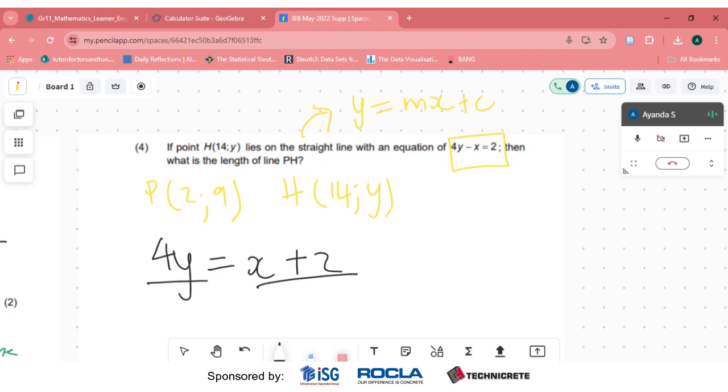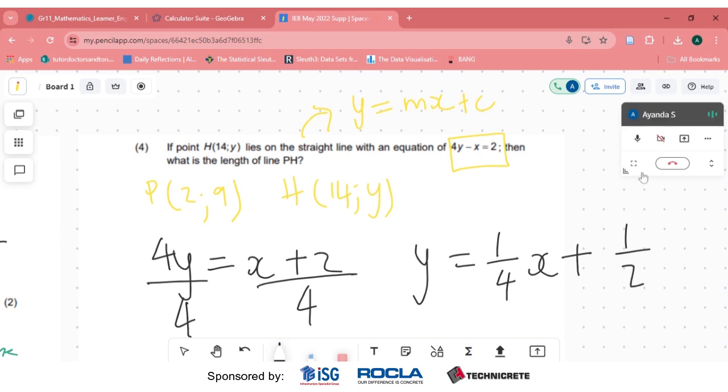If we divide both sides by 4, we're left with y is equal to x over 4, which can be rewritten as 1 over 4x, and 2 over 4 is just a half. That looks a little bit more like y is equal to mx. So here's our m. Our gradient is a quarter, x plus c.